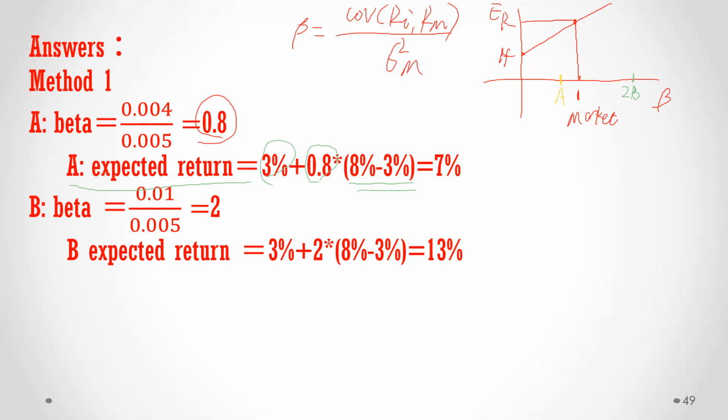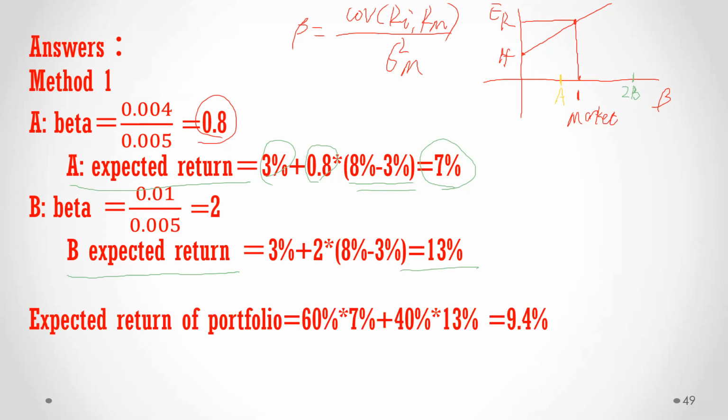So the expected return for A is 7%, and the expected return for B, based on the same formula, is 13%. And once we get the expected returns of A and B, we can easily calculate the expected return of the portfolio. It's just a weighted average, right? You have 60%, which is the investment weight of A, and 40%, the investment weight of B. Then you calculate the weighted average, and you get an expected return of 9.4%.